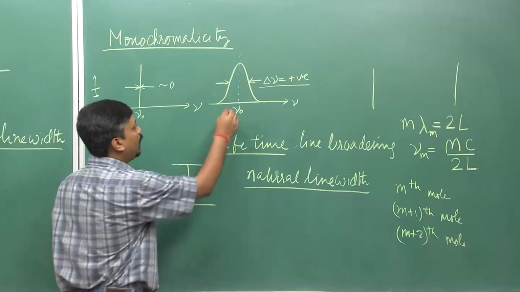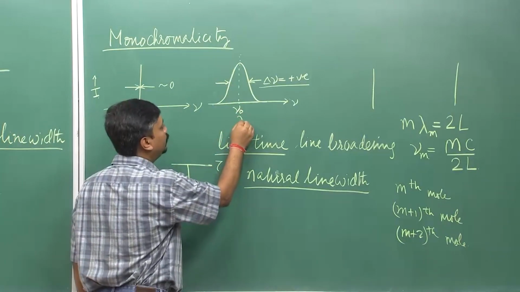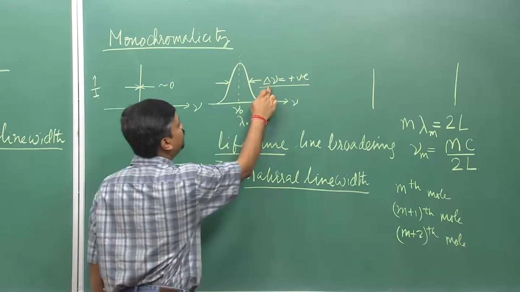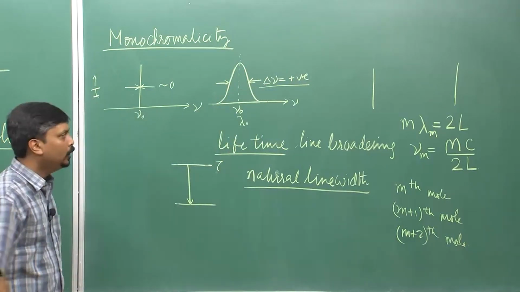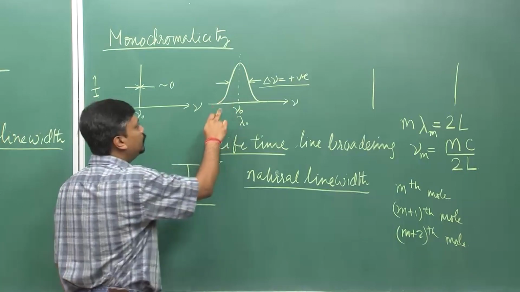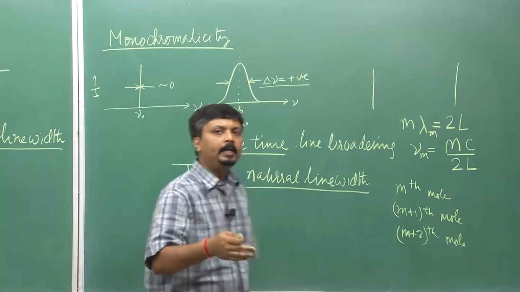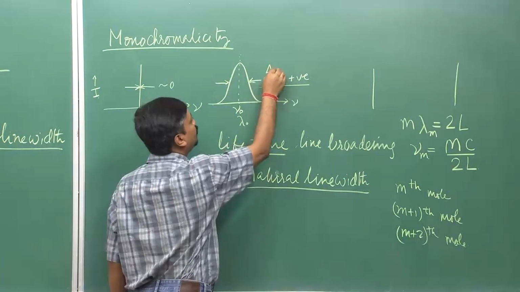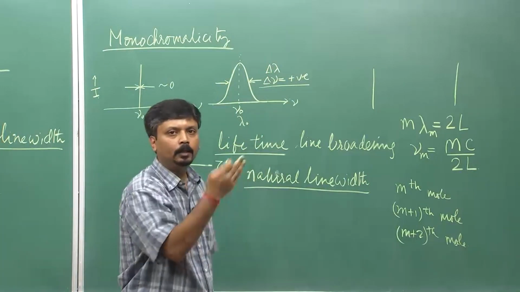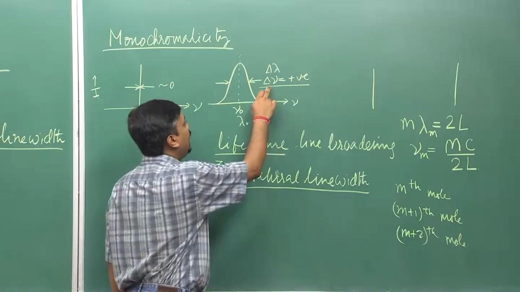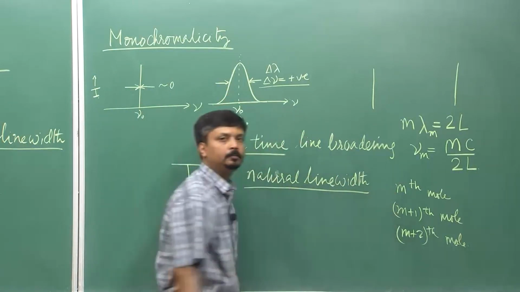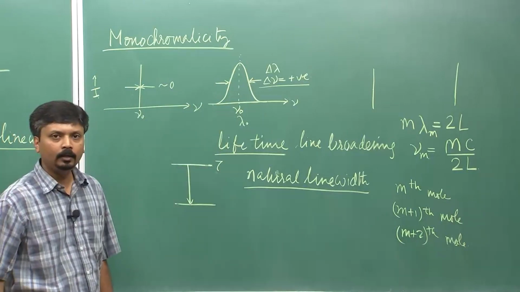Now, I have a definite nu 0 or definite lambda 0, and then I have a definite delta nu, right. So, depending on the delta nu value or delta lambda, I can express that in either way, I can have many such modes.